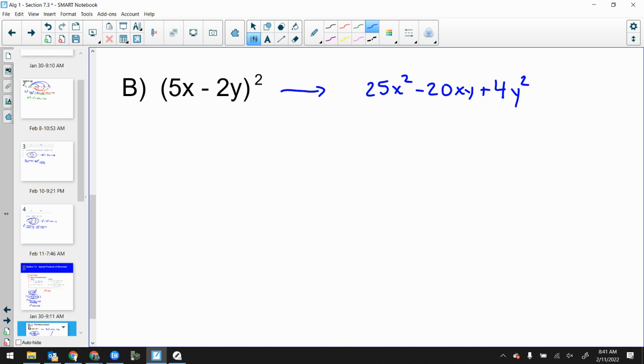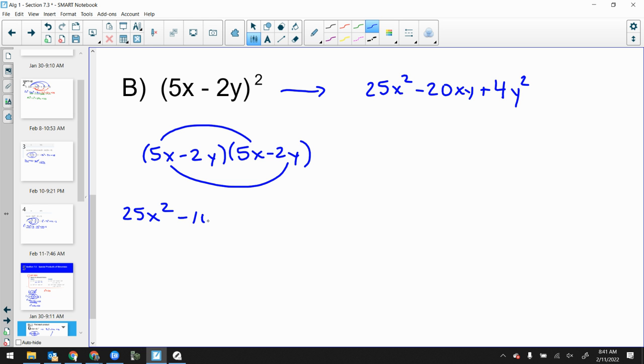Does foiling still work? Of course. Let me show you. 5x times 5x is 25x squared. 5x times negative 2y is negative 10xy.